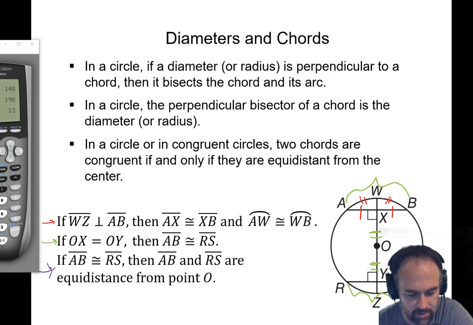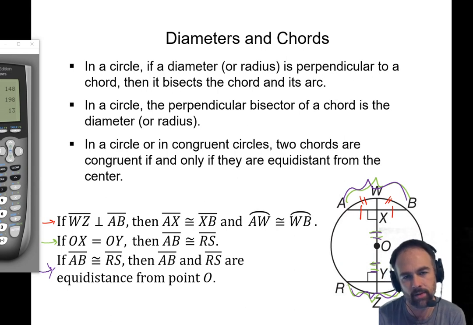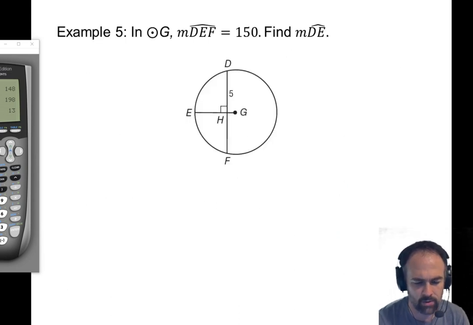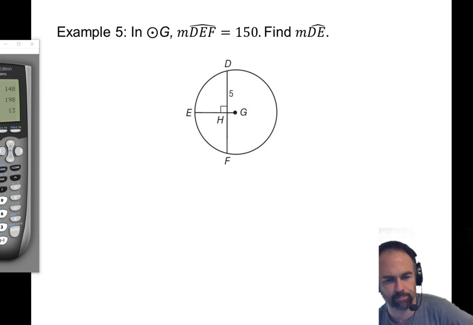If AB is congruent to RS, then AB and RS are equidistant from point O. Notice the green, I went from the radii to the length of the chords. Then in purple, I went from the length of the chords down to the radii. Basically, all three of those concepts go together, and we'll be using those in and out as we go over the next few examples.